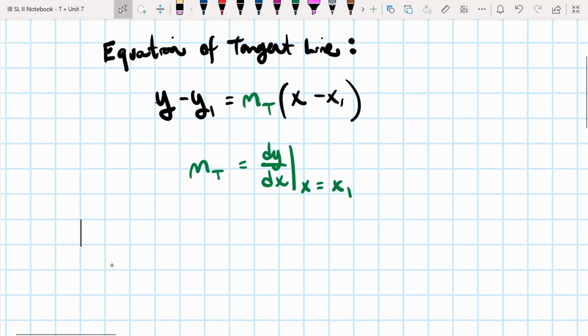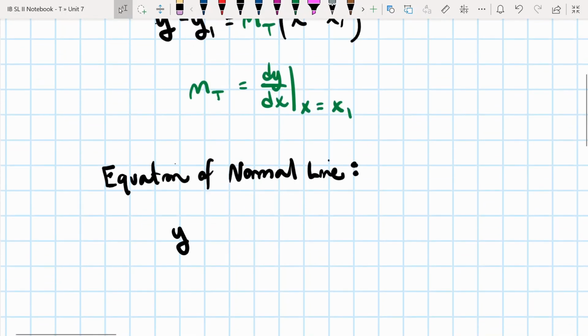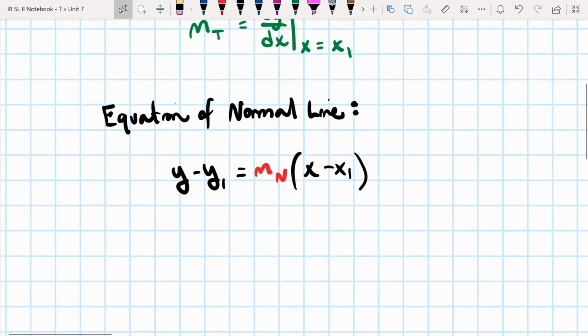The equation of a normal line is y minus y1 equals m sub n times x minus x1, where m sub n is defined as the opposite reciprocal of the slope of the tangent line.